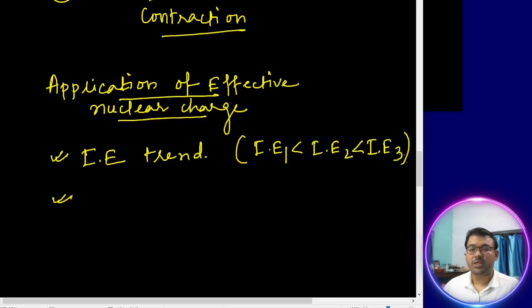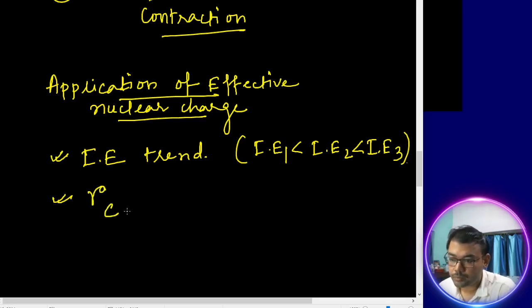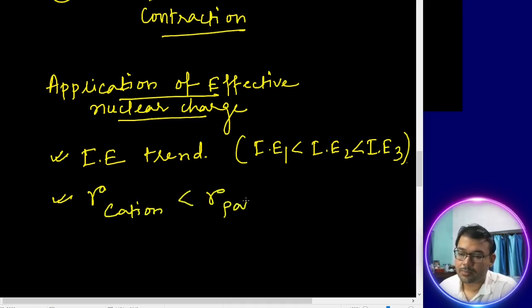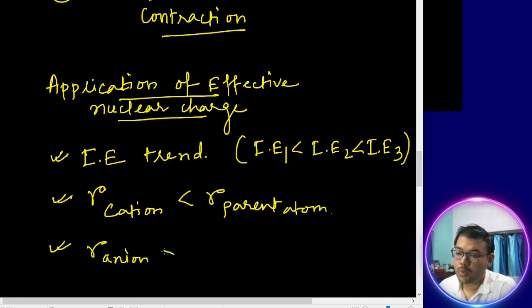So the successive ionization energy trend we can understand with the help of effective nuclear charge. Next we can understand atomic size: the radius of a cation is always less than the radius of the parent atom, and the radius of an anion is always greater than the radius of the parent atom.